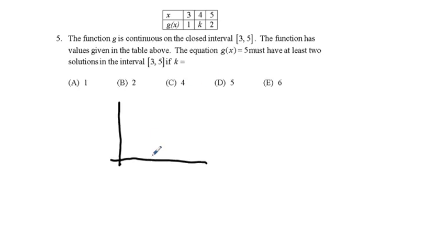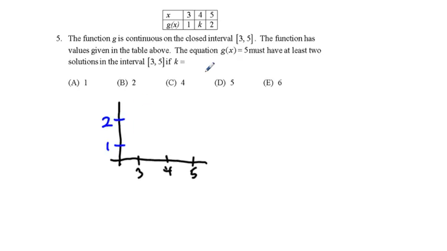We have x from 3 to 5, so we'll say 3, and then 4, and then 5. And we know that, see, the table is g of x is 1 over here, and 2.